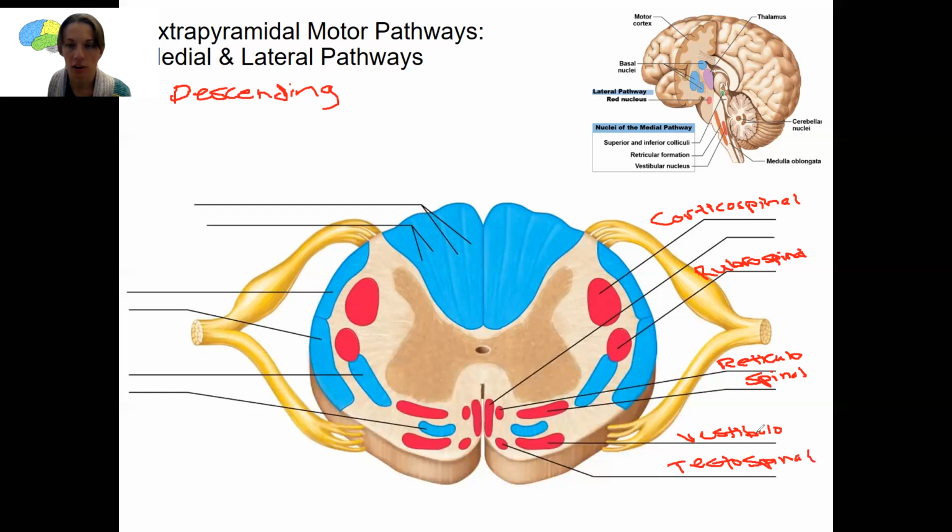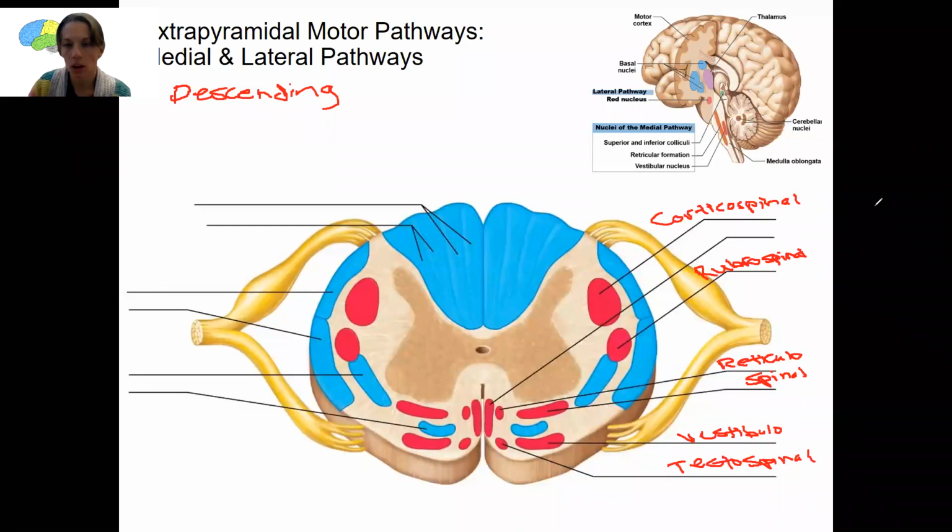These originate from the primary motor cortex, of course, the red nucleus. So the red nucleus axons travel through the rubrospinal. This is, again, our medial pathway.